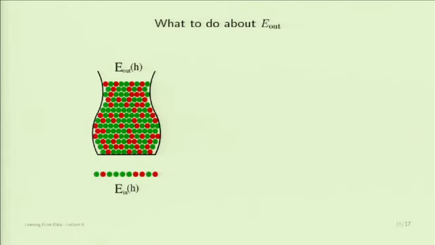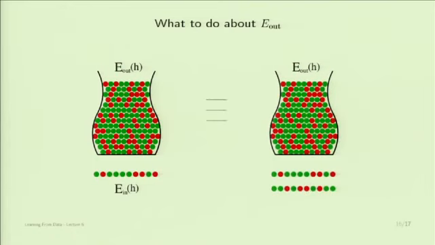The way I'm going to do it is this. Instead of picking one sample, I'm going to pick two samples independently. Obviously they are not identical samples, some of them green and red, etc., but they are coming from the same distribution. Now, let's see what is going on. E out and E in track each other because E in is generated from this distribution.